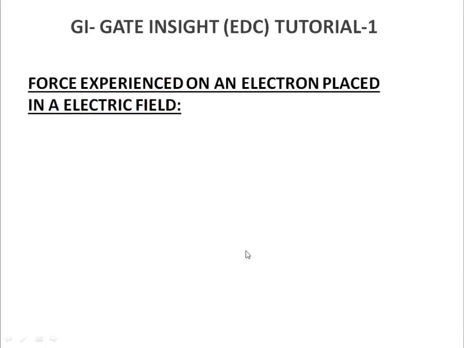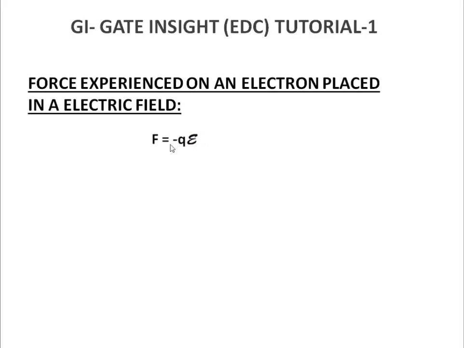Now we have the force experienced on an electron placed in an electric field. The force experienced on an electron that is placed in an electric field is given as F is equal to minus q into E. Here q is the charge and E is the electric field.